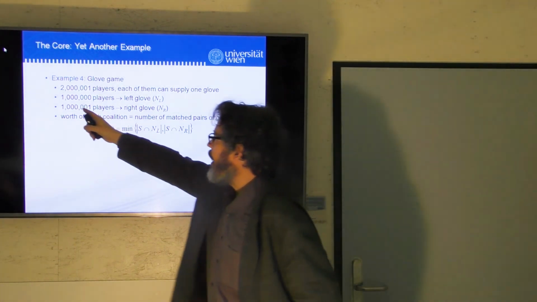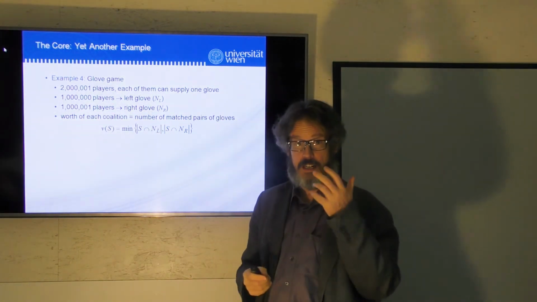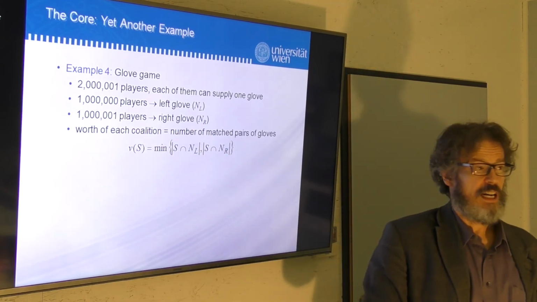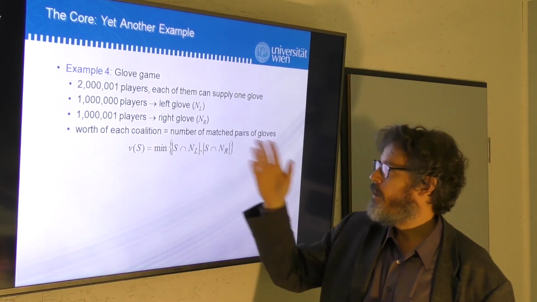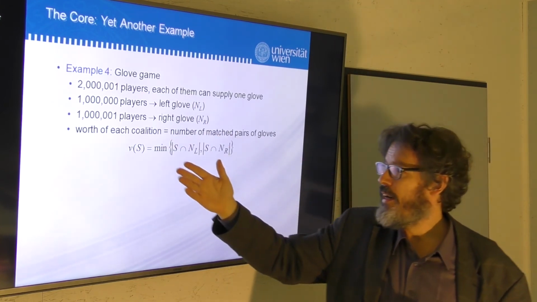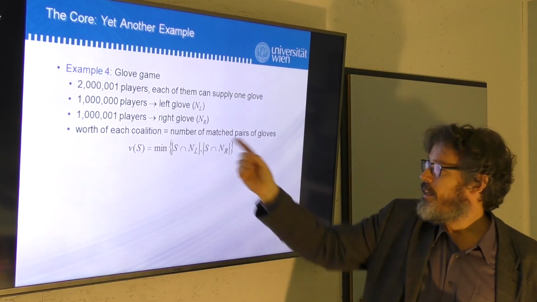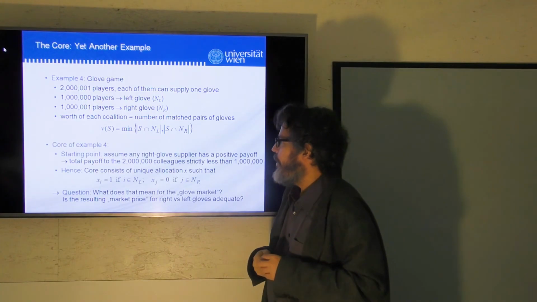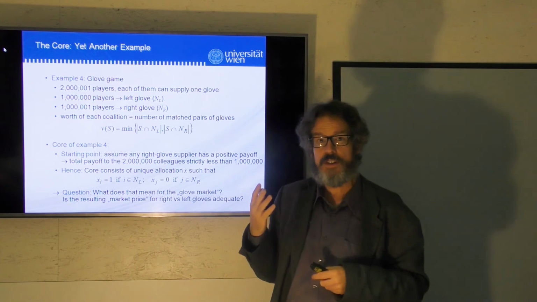And let's assume that 1,000,000 of the players have a left glove, and the rest, 1,000,001 players, have a right glove. So of course now you can start forming coalitions among these many players, and the worth of each coalition is the number of matched pairs of gloves. And the question is, what is the core of this game?